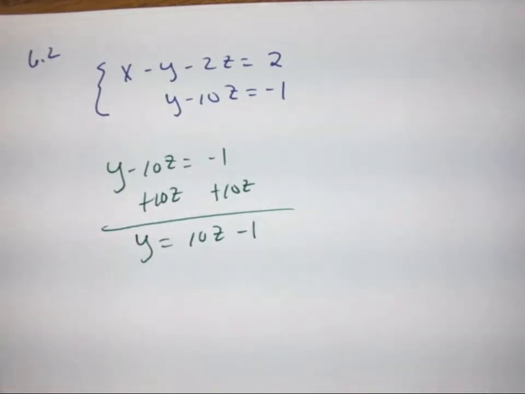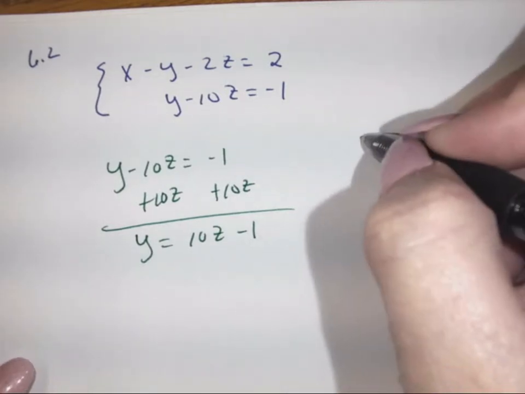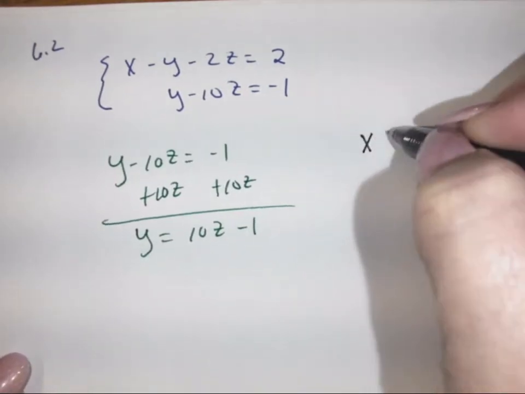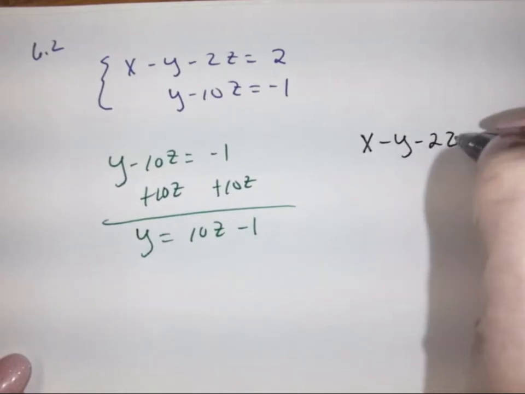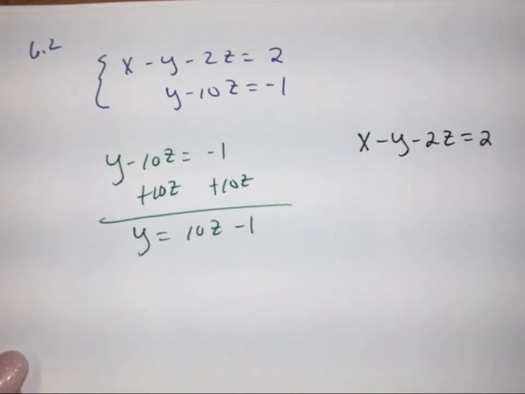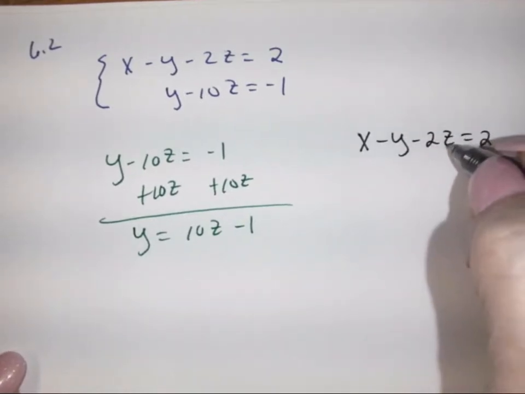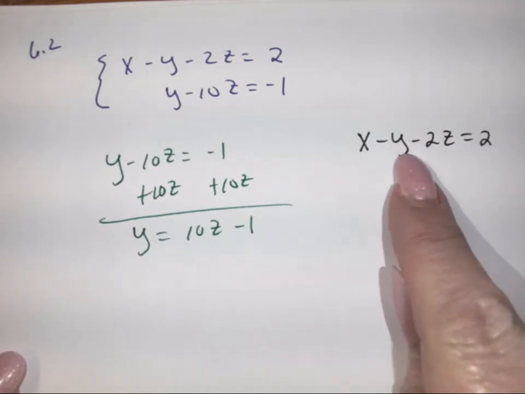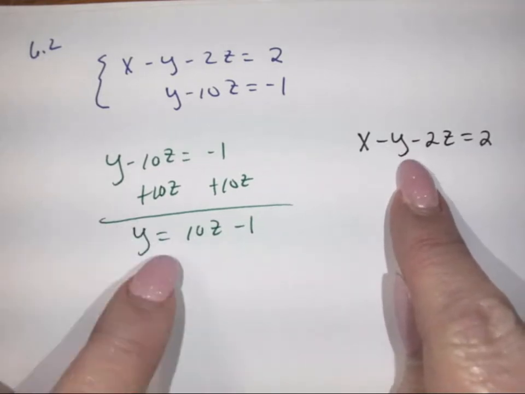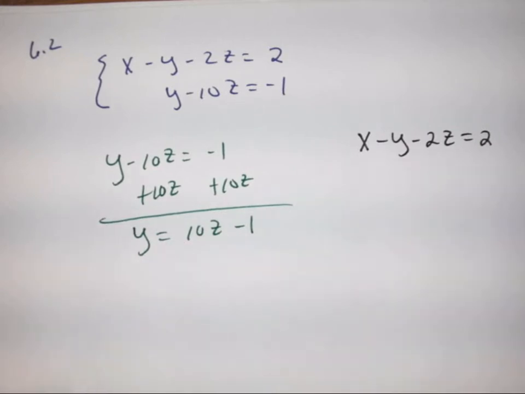Now I want to solve for x the same way. So I'll take the first equation, x minus y minus 2z is equal to 2, and I need to solve it in terms of z. But I have a y here as well, so I need to substitute in what y looks like.